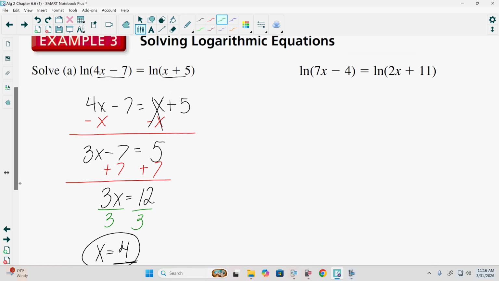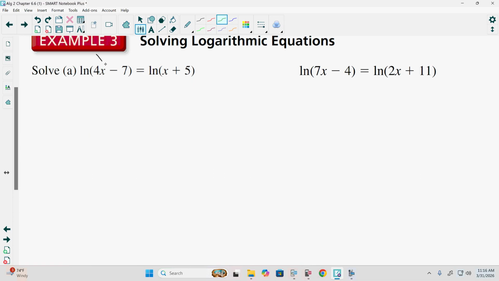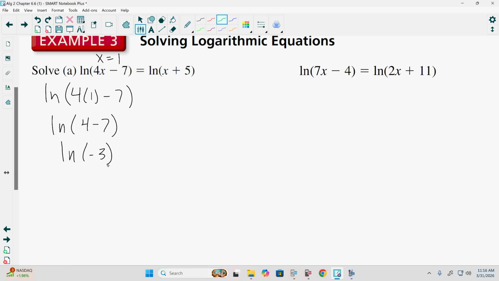Now, if I said that the value of x was 1, I'm going to erase this here. So if we solved it and said x is equal to 1, I plug it back in. By plugging it back in, 4 times 1 is 4. 4 minus 7 is negative 3.